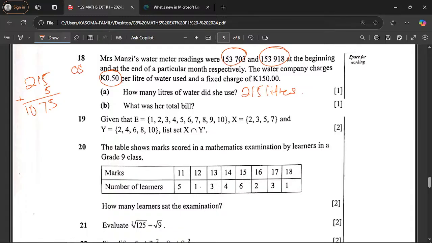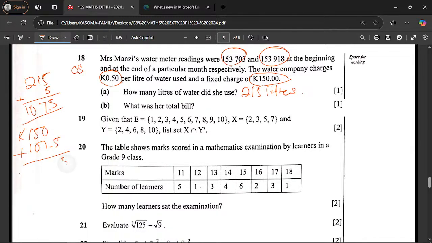Now remember, there is also a fixed charge of 150. So we add 150 kwacha plus 107.50. How much will it give us?